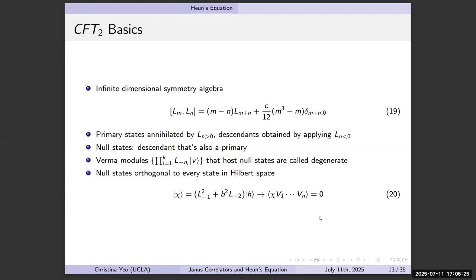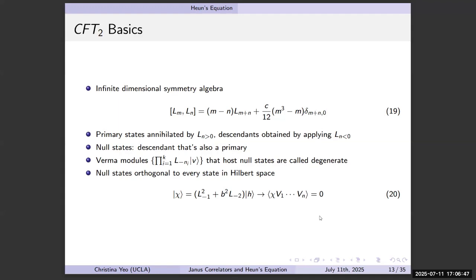Is the boundary CFT local or global? Symmetry can be classified as local or global. Diffeomorphism is local. So I'm wondering, what is the definition of Ln? What is the geometry of the boundary?